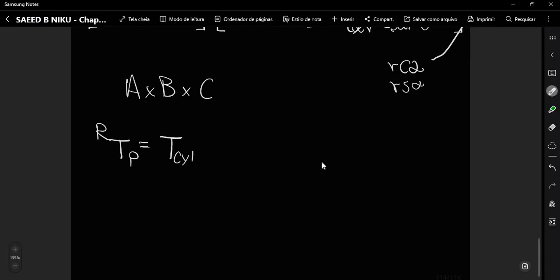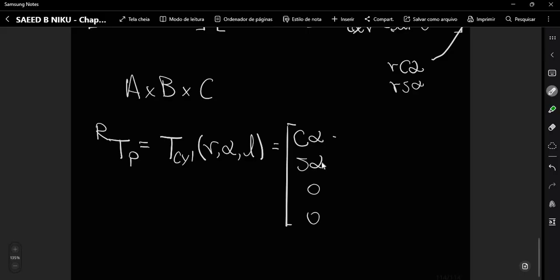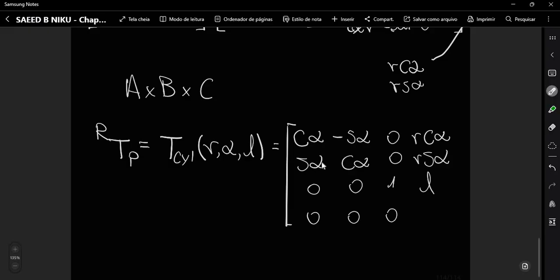And we are working with cylindrical coordinates R, alpha, L. So it is cosine of alpha, sine of alpha, 0, 0, minus sine of alpha, cosine of alpha, 0, 0, 0, 0, 1, 0, R times cosine of alpha, R times sine of alpha, L, and 1.